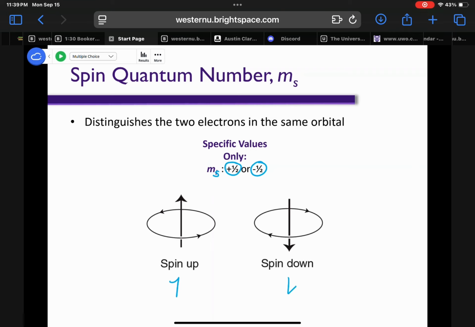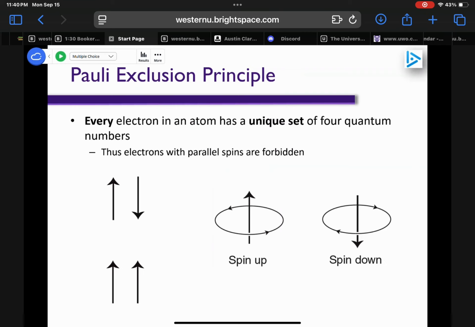When we're putting electrons in orbitals and defining where these electrons are, we can have 2 electrons with the same first 3 quantum numbers, but one is going to be up and one is going to be down. This is the Pauli exclusion principle. We've already talked about it.